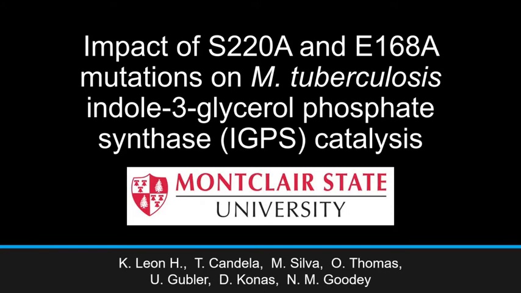To do this, single-point mutations were done to amino acids at the active site to investigate their roles in catalysis. The study of these two mutations, S220A and E168A, should allow us to elucidate the mechanism of this enzyme.